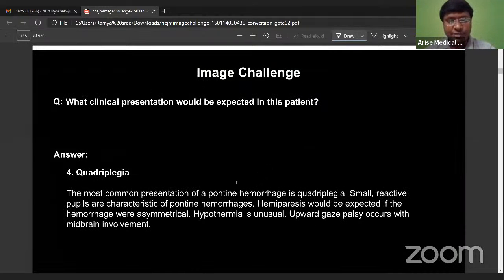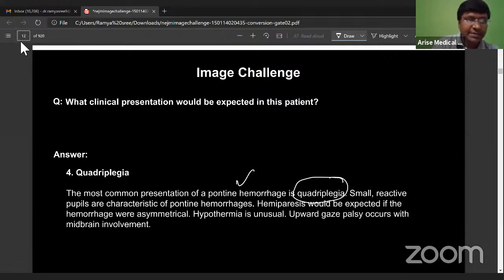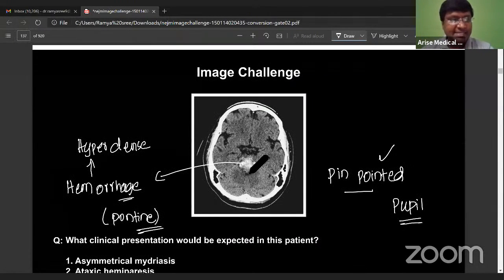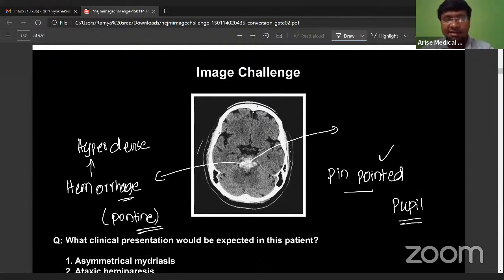The most common presentation of a pontine hemorrhage is quadriplegia. And the other point for telling quadriplegia is that in this individual the hemorrhage is bilaterally symmetrical, right?